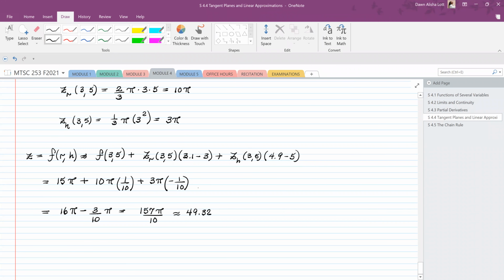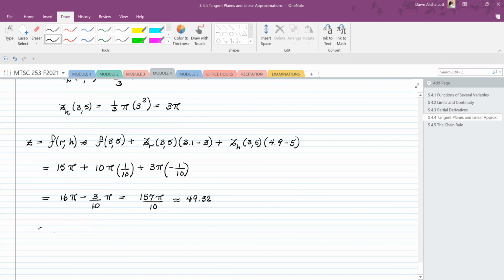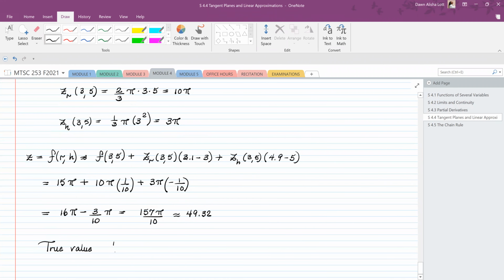Okay, so what did we get if we took the actual real value? The true value would be 1/3 pi times 3.1 squared times 4.9. 49.311.